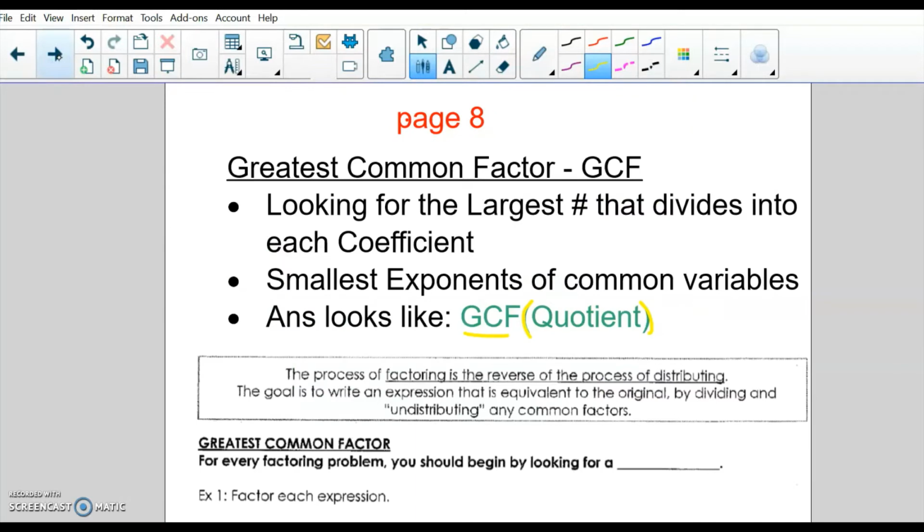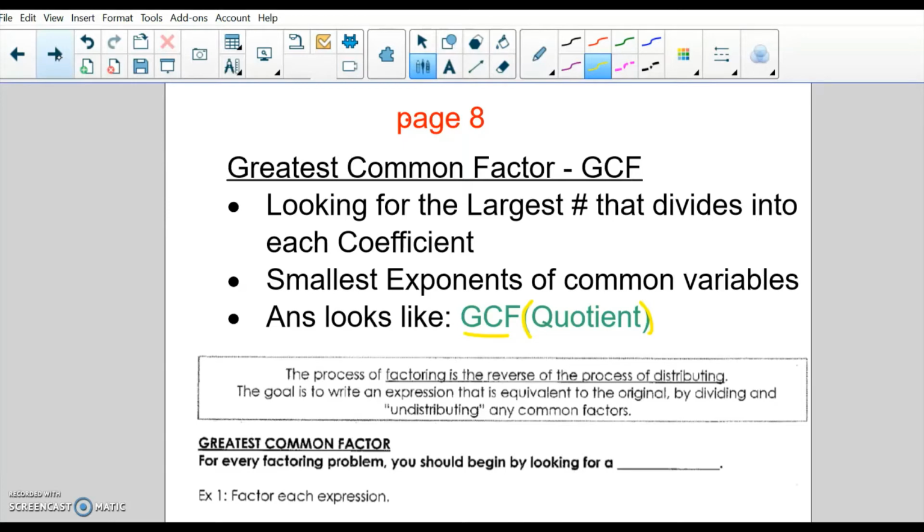So that's where the word quotient comes from, because we're going to divide the problem by the greatest common factor. So the process of factoring is the reverse process of distribution, which is the division that I was talking about. So if distribution is multiplication, then division must be factoring.